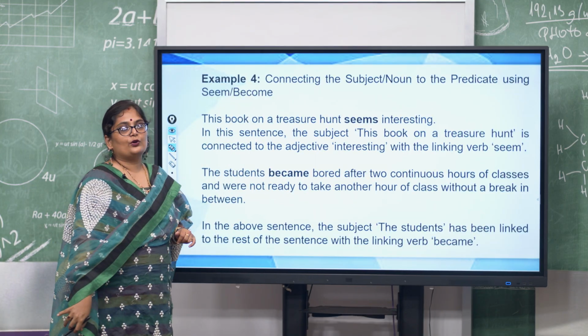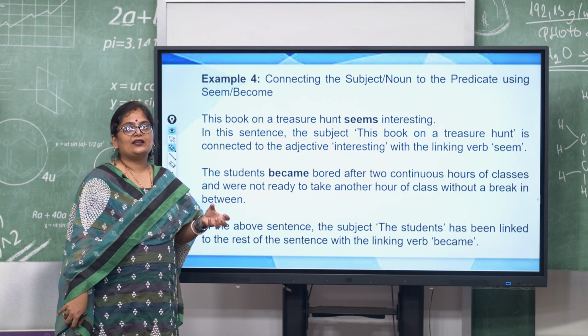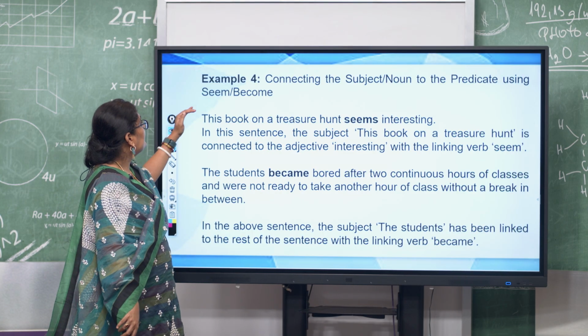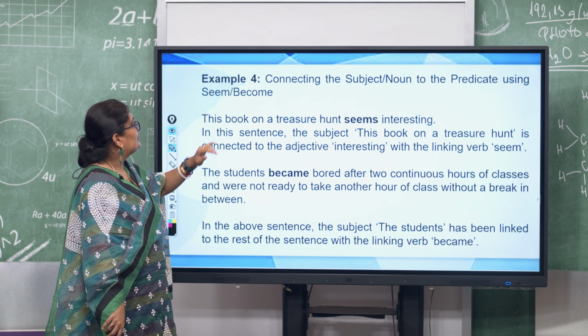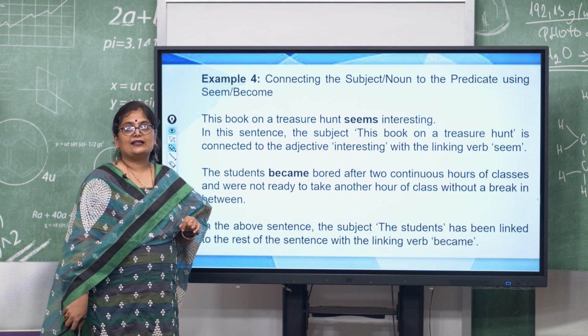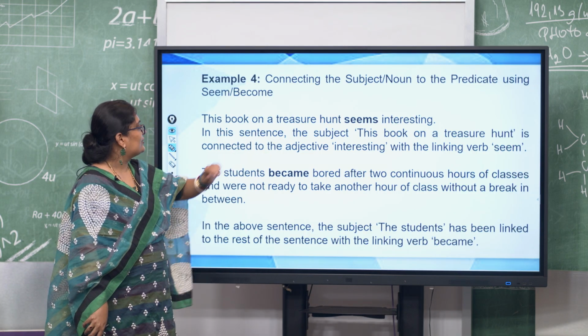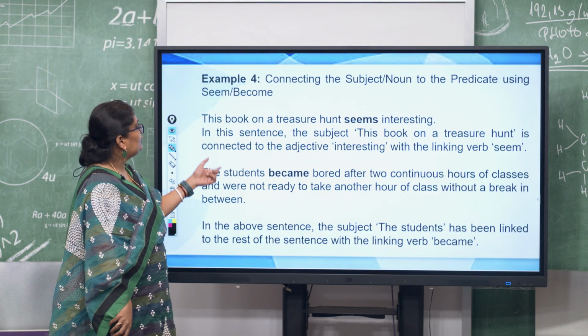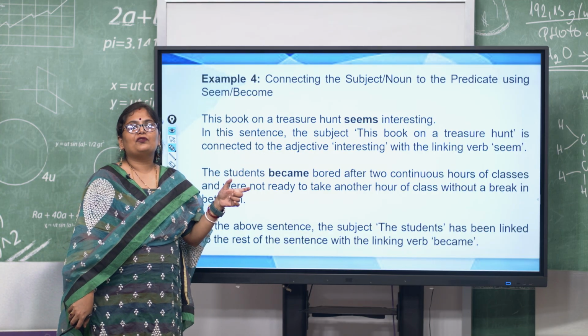Now, example 4, connecting the subject or the noun to the predicate using seem and become. This book on a treasure hunt seems interesting. In this particular sentence, the subject is the book on a treasure hunt, which is connected to the adjective interesting, and what is the linking verb in question?